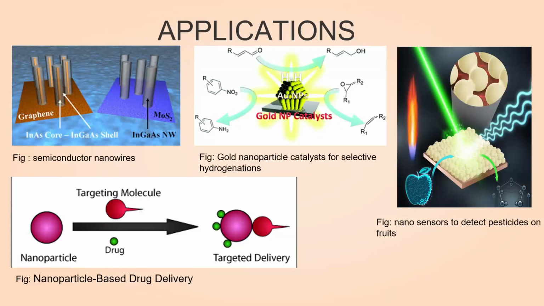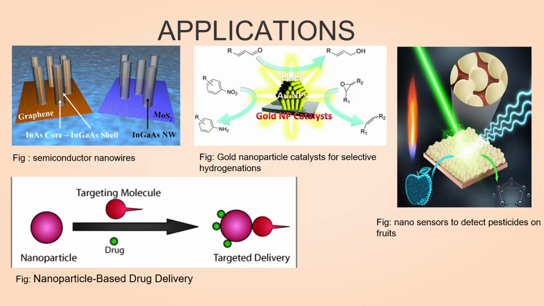Finally, let us look at the applications of nanomaterials synthesized by the bottom-up approach. You can see there are various applications and various images here. In nanoelectronics, they are used in semiconductor nanowires and thin films. Here you can see graphene. In catalysis, metal nanoparticles enhance reaction efficiency due to their large surface area.